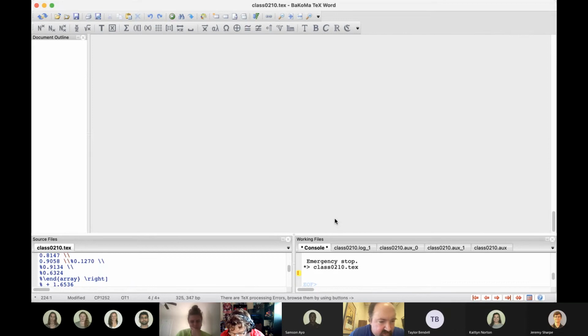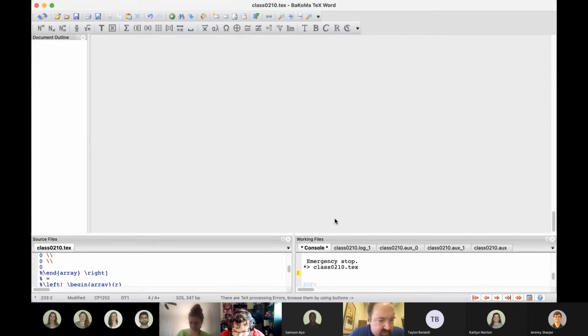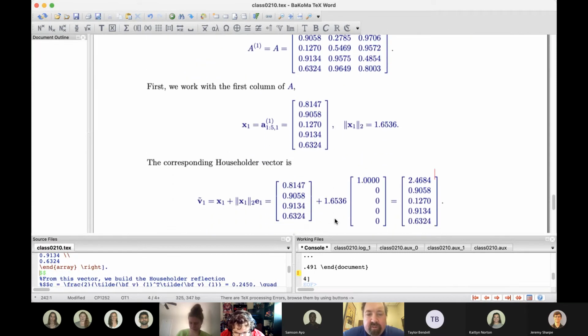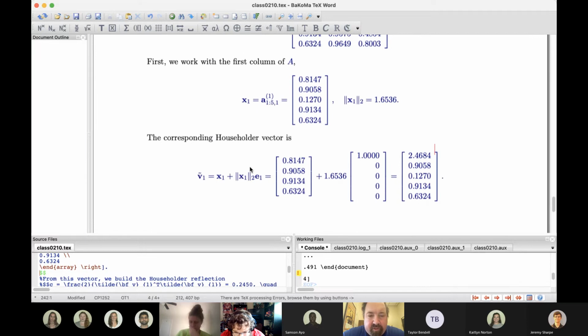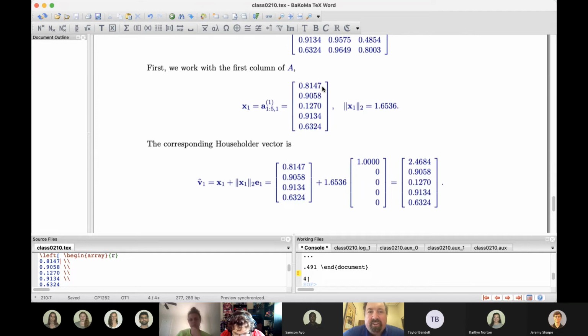So V is going to be X plus the norm of X1, because X1 is positive, I want to choose a minus sign for alpha.